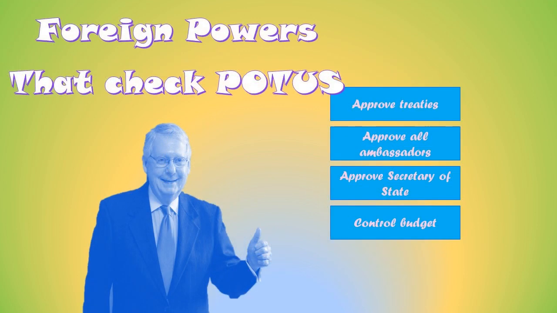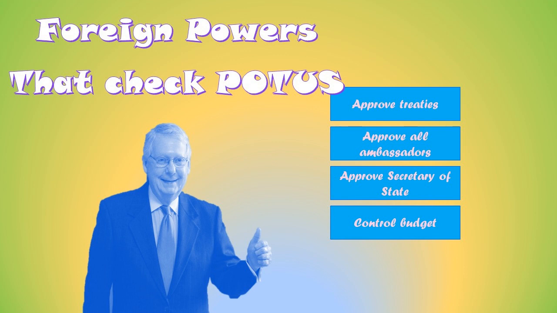All right, now we have a few more foreign policy powers that are snuck into Article 2. Article 2, you're constitutional experts. Article 2 deals with the powers of the president, but these are checks that Congress has on the president, and these are the ones that specifically deal with foreign policy. So, first, it's up to Congress to approve treaties.